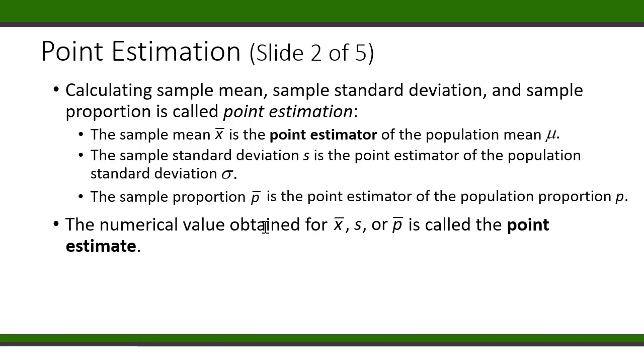So notice, if you have to do a little chart or something, notice how these symbols are different. One is for the sample, one's for the actual population. The sample proportion has the bar across the top. It's the point estimator for the population proportion. Again, those values obtained for these letters are called the point estimate.